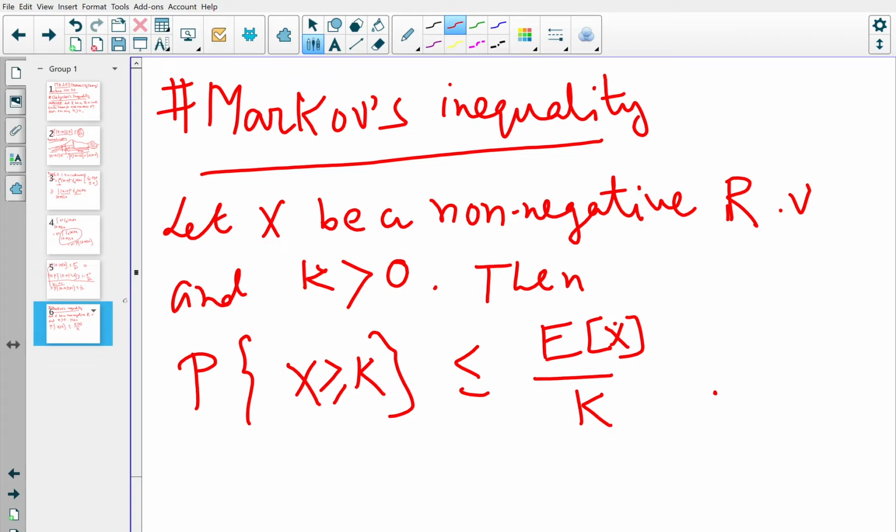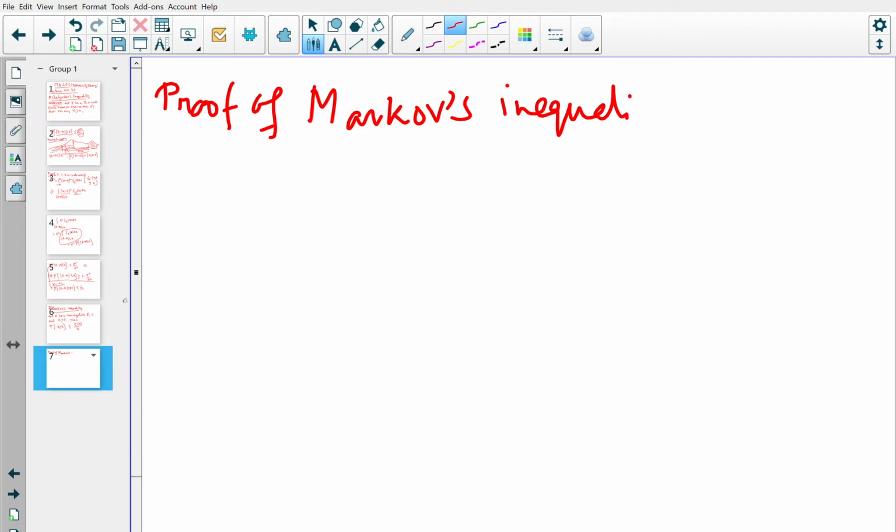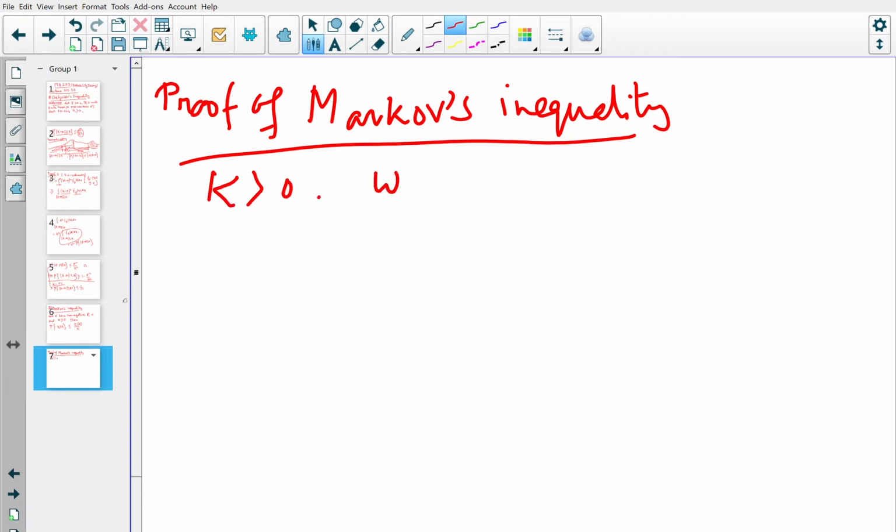So how do we prove Markov inequality? Proof of Markov's inequality. What is given? k positive is given. So we define a new random variable, I, which is called an indicator random variable.